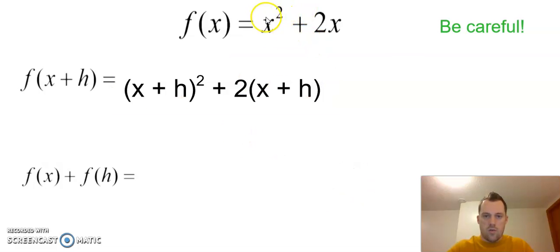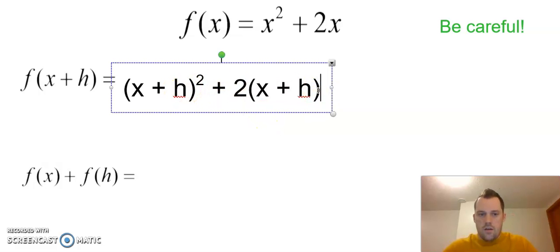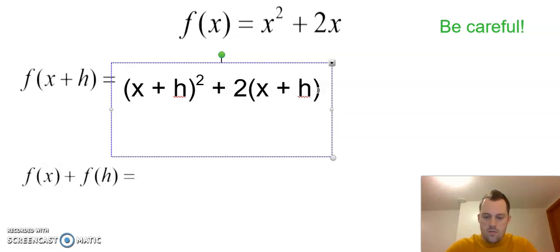Okay, so we can see now x squared becomes x plus h quantity squared, and 2 times x becomes 2 times x plus h. We could write all this out. We could multiply there. Let's go ahead and do that.